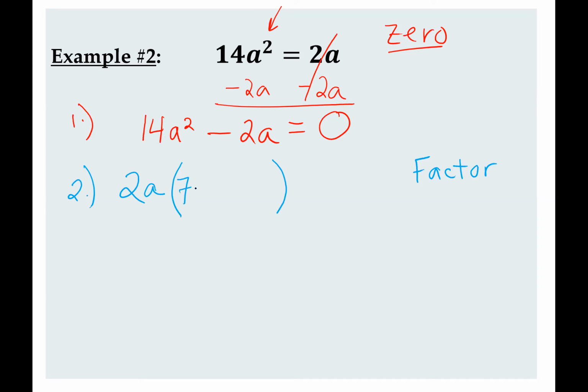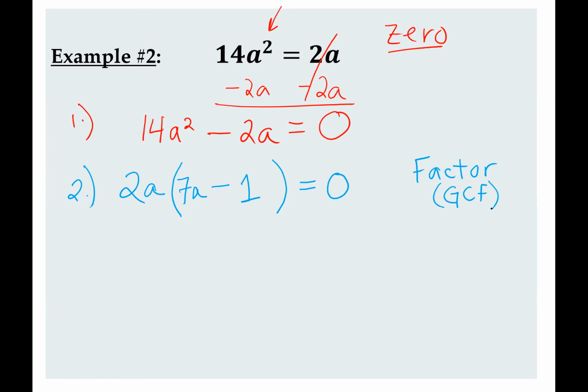A squared divided by a is just a, and then minus. 2a divided by 2a is actually 1. So what I've written in parentheses is 7a minus 1. So here's what we have so far. 2a parentheses 7a minus 1 equals 0. So we factored out a GCF of 2a.